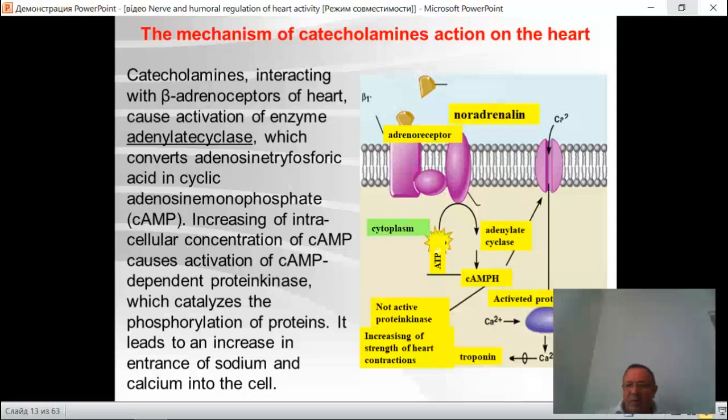Catecholamines interacting with beta adrenoreceptors of the heart cause activation of the enzyme adenylate cyclase, which converts adenosine triphosphate into cyclic adenosine monophosphate. Increasing intracellular concentration of cAMP causes activation of cAMP-dependent protein kinase, which catalyzes the phosphorylation of proteins, which leads to an increase in entrance of sodium and calcium into the cell. This effect you can see on the scheme.